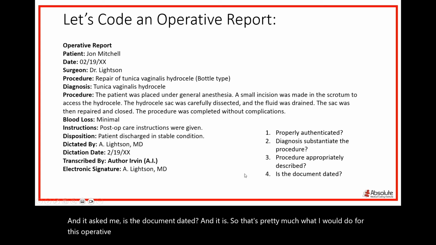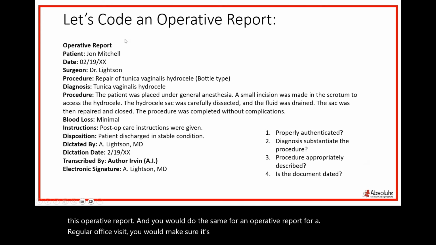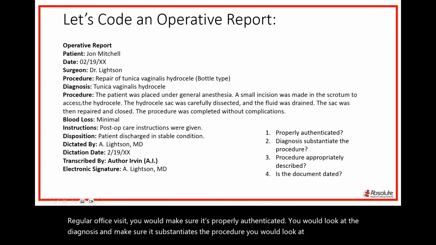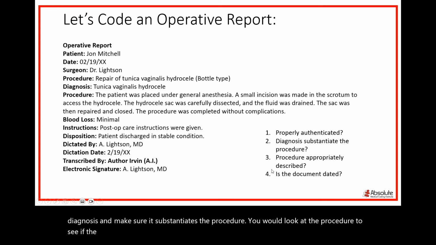So that's pretty much what I would do for this operative report. And you would do the same for a regular office visit. You would make sure it's properly authenticated. You would look at the diagnosis and make sure it substantiates the procedure. You would look at the procedure to see if the procedure was appropriately described. And it was.